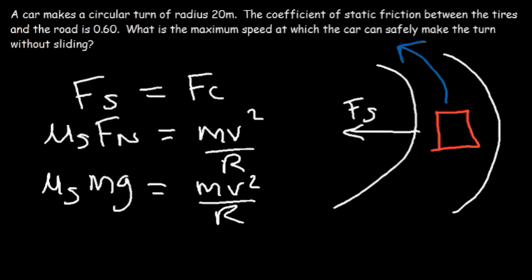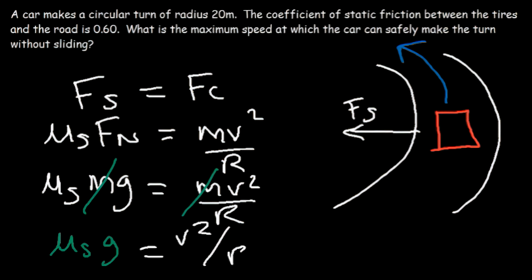So notice that we can cancel the mass, so we don't need the mass. So mu s g is equal to v squared over r. So what we want to do at this point is multiply both sides by r. So these units cancel.